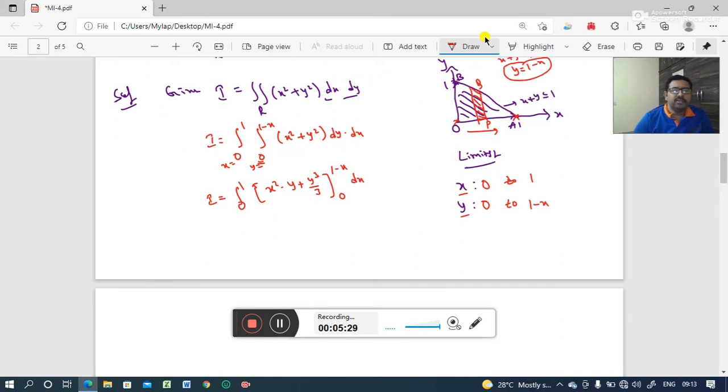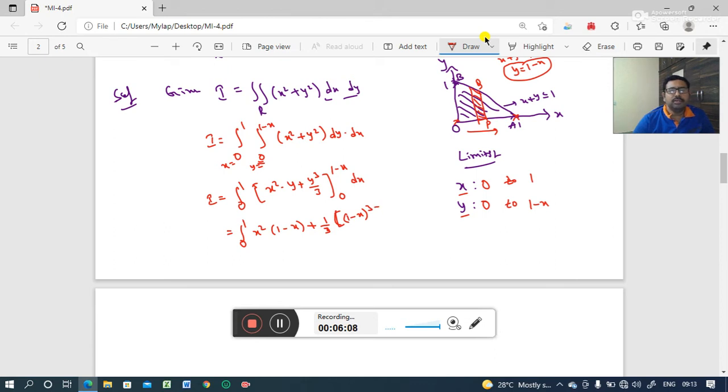So if you simplify this, integral 0 to 1, x square is constant. In place of y, you are using the upper limit 1 minus x, so it means 1 minus x. In place of y, if you put the lower limit 0, it will be 0. So I am skipping this step. Plus 1 by 3 is constant in the second term. In place of y cube, if we use the upper limit 1 minus x, you get 1 minus x whole cube.